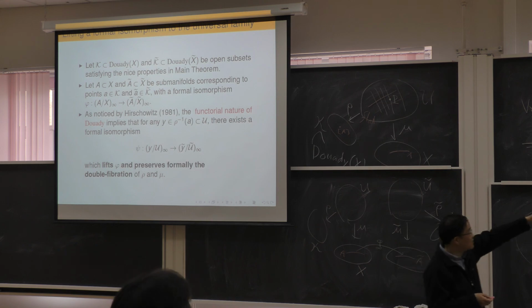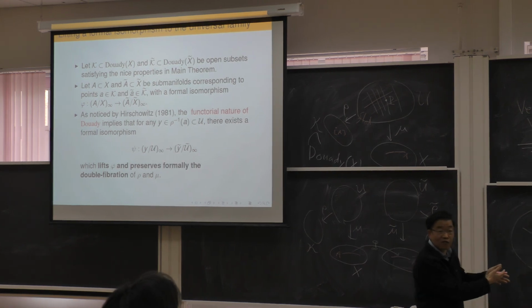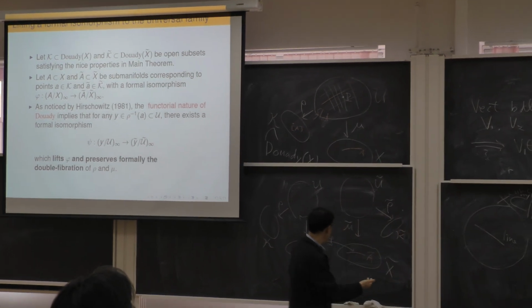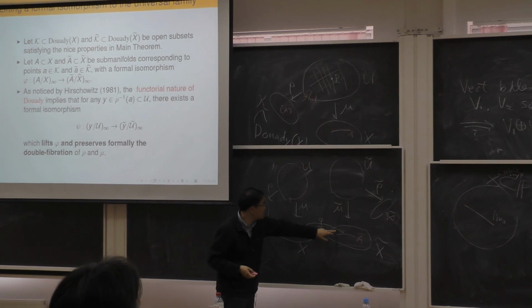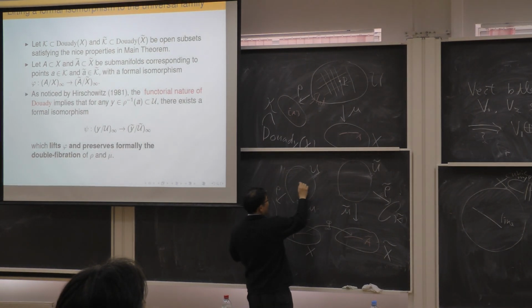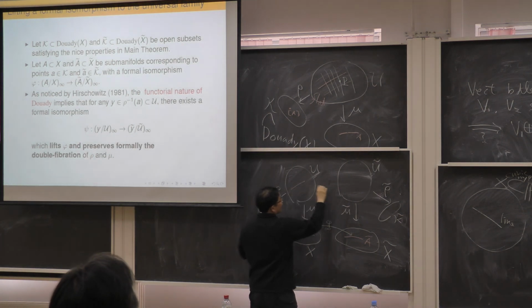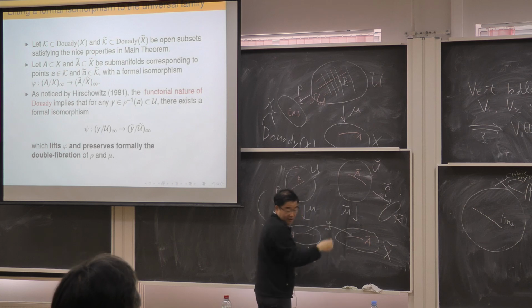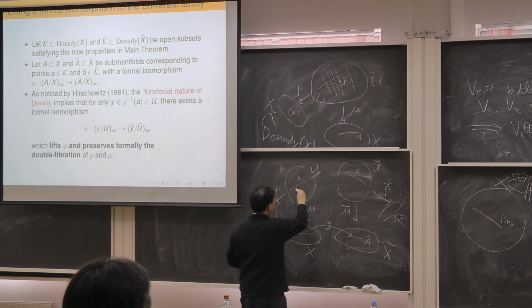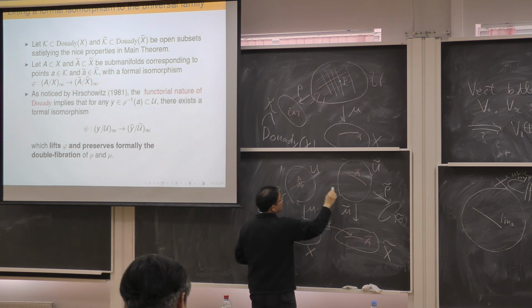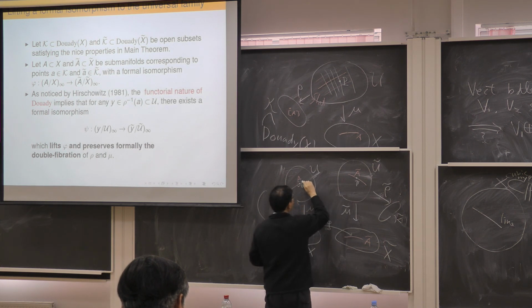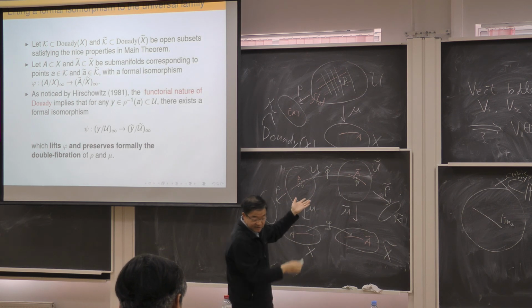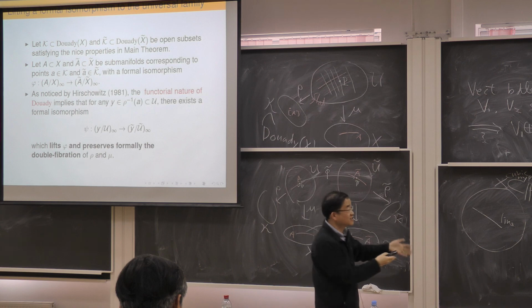So because of this functor, you can apply it to a formal neighborhood. So this formal isomorphism lifts to a formal isomorphism on the duality space. If you look at a point here, it lifts to a formal isomorphism. This is because duality is a functor.